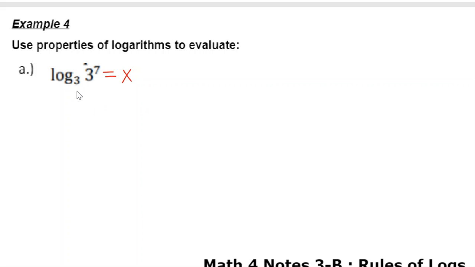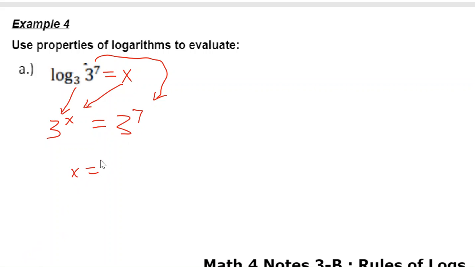For starters, if that 3 can go there, and that x can go there, and this whole guy can go down there. Oh, 3 to the x equals 3 to the 7. I know what x is.